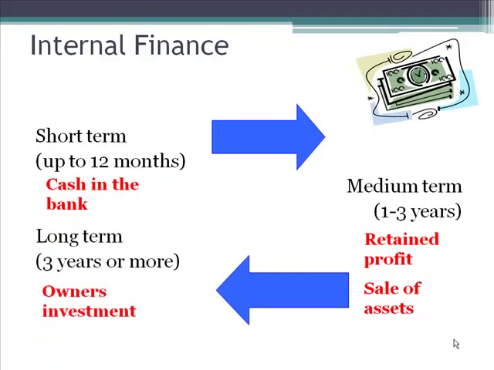Lastly, long-term finance is used for 3 or more years, and the owner's investment would probably be the most likely long-term internal source of finance. So we've looked at short, medium and long-term finance: money that we need immediately, just for a little while, maybe a couple of years, and for the long term, which is 3 years or more.